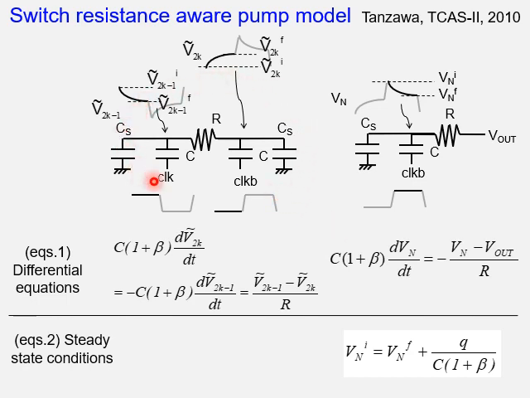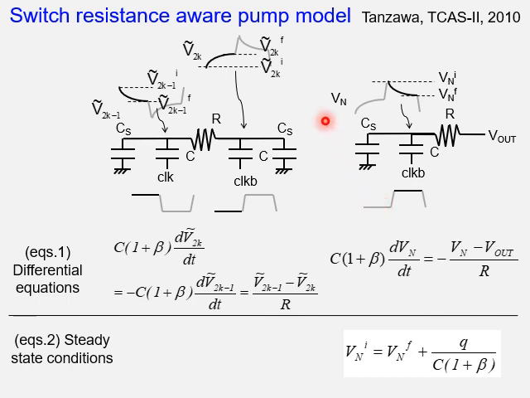And in this portion, this is the second half cycle period. Then this tilde indicates this voltage is during the second half cycle. The equation itself is exactly the same as the previous one.